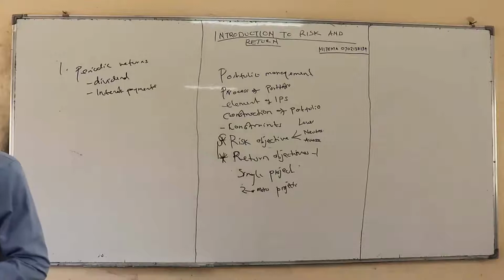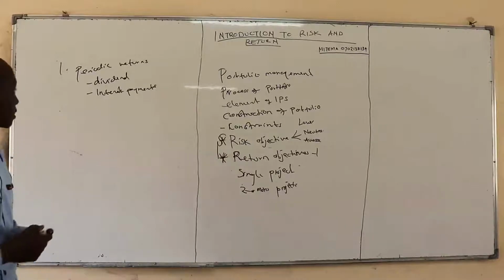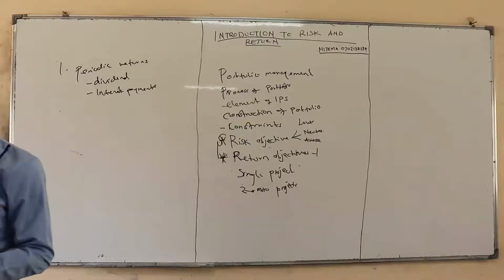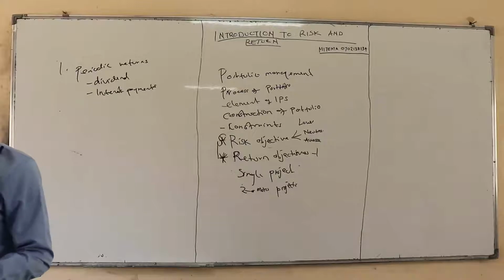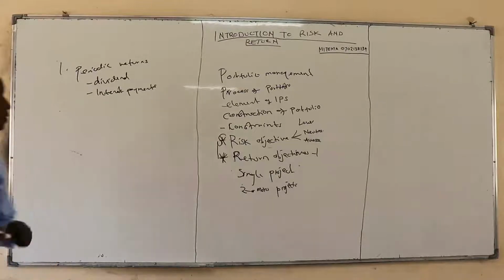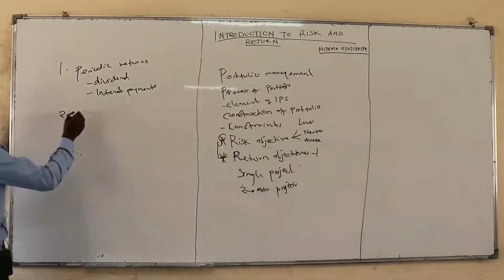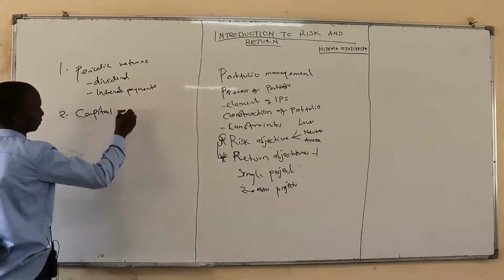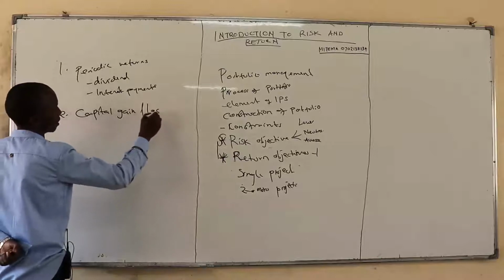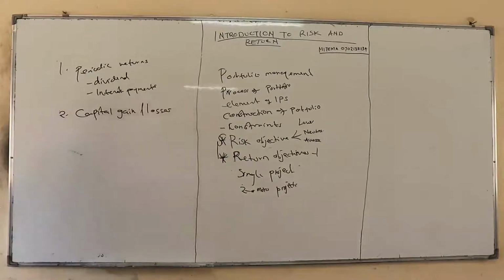Also, you have the second type of returns that financial assets may generate, which is called the capital gain or loss. It could be a capital gain or a capital loss.